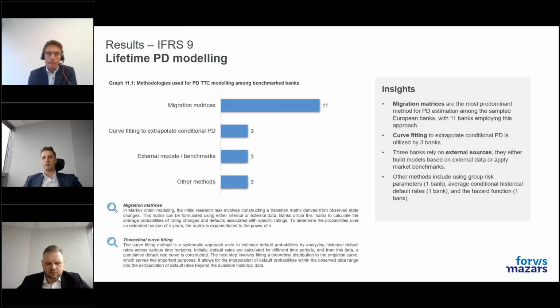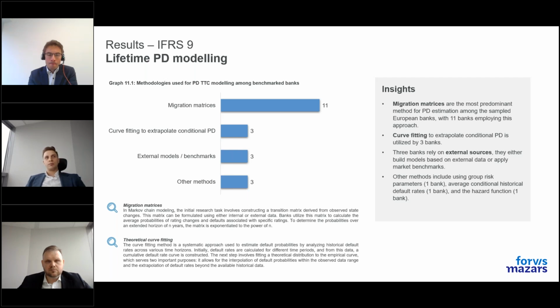It is based on Markov chain theory and on historical data, where the institutions calculate the average probabilities of transition between ratings and between a given rating and default. And by raising this average matrix to a given power, they extrapolate it to the given horizon.